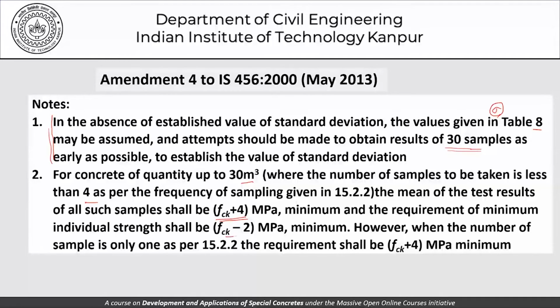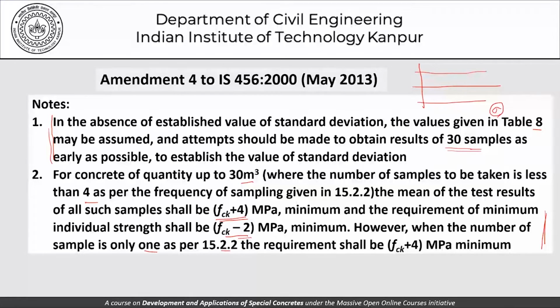However, when the number of samples is only 1, as per 15.2.2, the requirement shall be FCK plus 4 minimum. So what these notes tell us is that when we are interpreting the acceptance for the strength of concrete, we had said that there is an FCK and there is an FCK minus 3 and an FCK plus 3 or whatever that number was, 0.825 sigma and so on, the greater of the two.